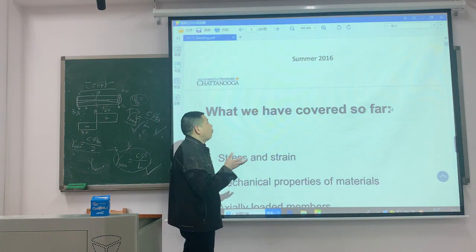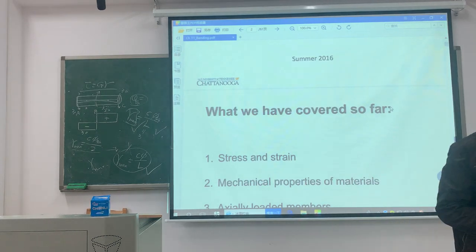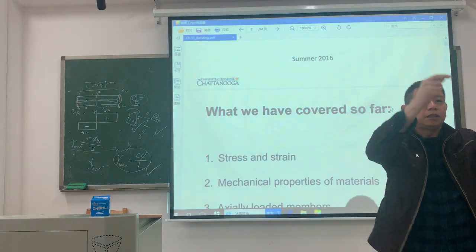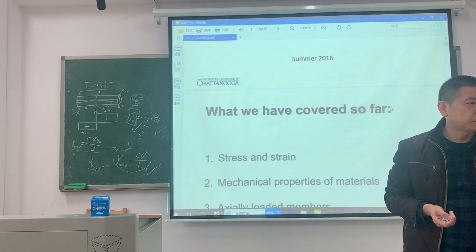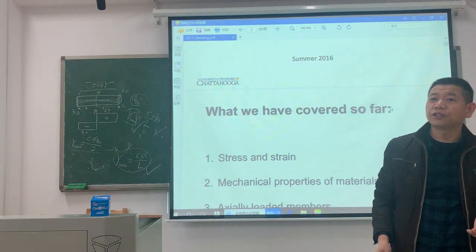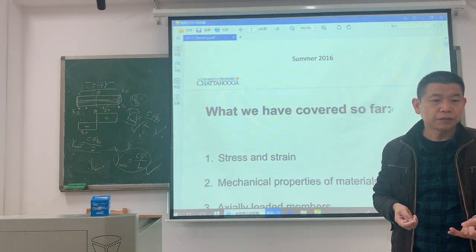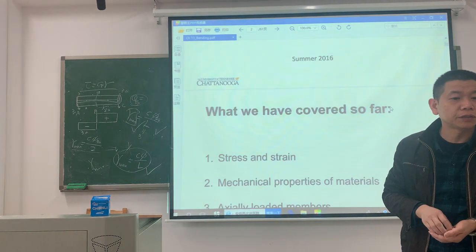There are 4 kinds of deformation in mechanics of materials: axial deformation, elongation, bending, torsion. There are four kinds of deformation.